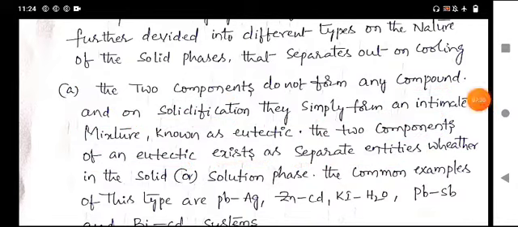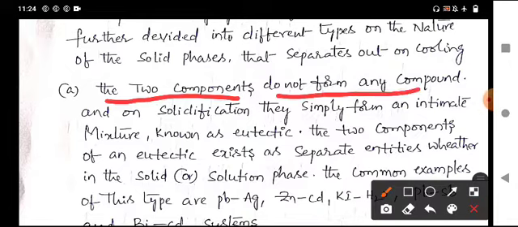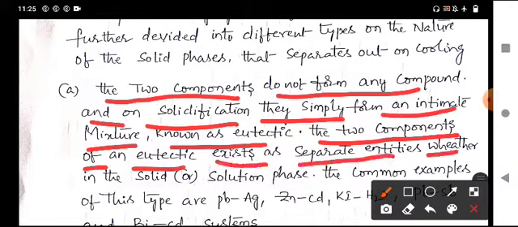Once again I repeat this important one: in type 1, both components are completely miscible. In this case the two components do not form any compound, and on solidification they simply form an intimate mixture known as eutectic.